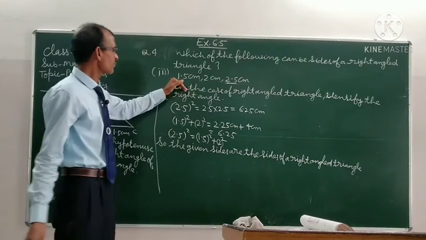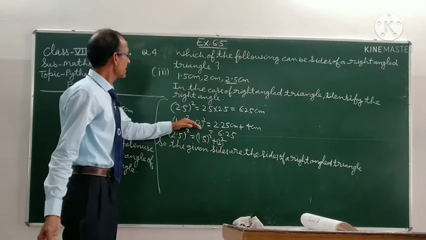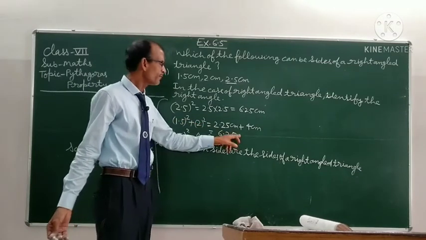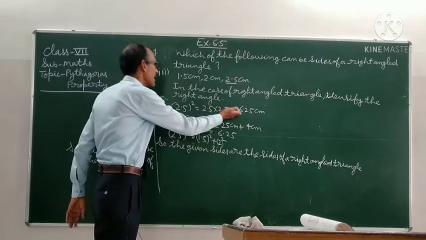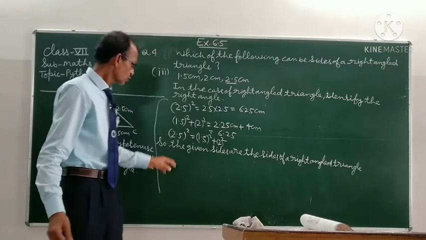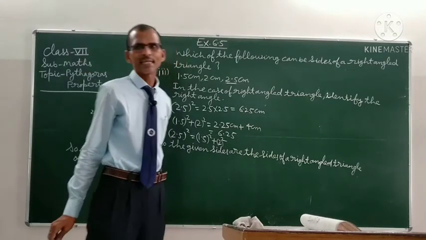Remaining two sides are 1.5 and 2 centimeter. Square of 1.5 plus square of 2, we find 6.25. And we find that square of the longest side equals the sum of square of remaining two sides. So the given sides are the sides of a right angle triangle.